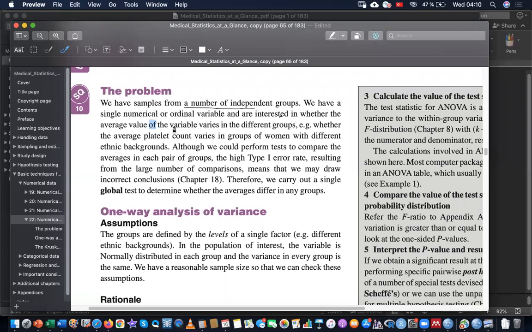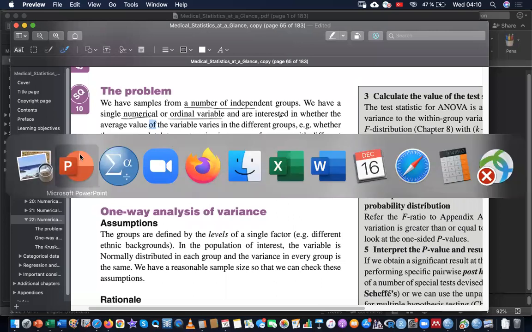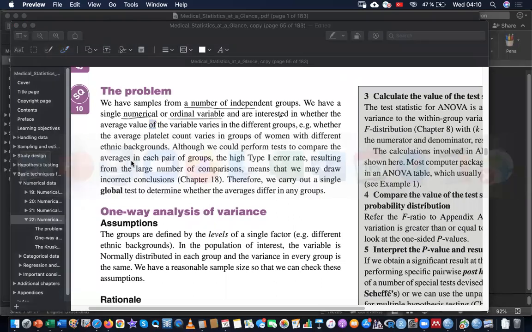We have a single numerical outcome, or it can also be an ordinal variable. I told you, I hope, that ordinal variables sometimes can be treated as numerical.